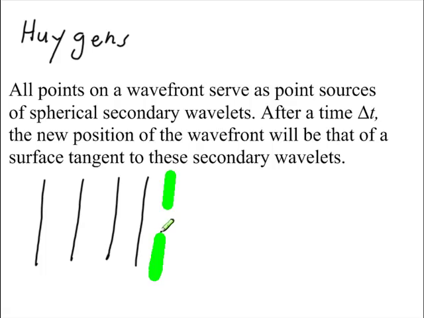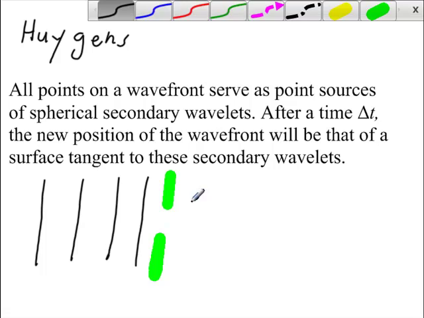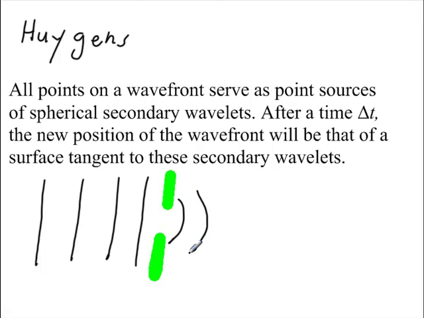If these were waves on water, the waves would come in, the points here in the center would be moved up and down by the waves coming in, and that motion up and down would cause waves to bend as they came out.